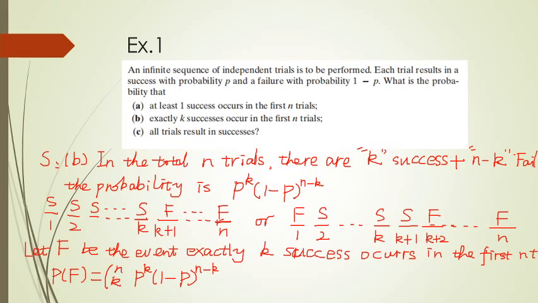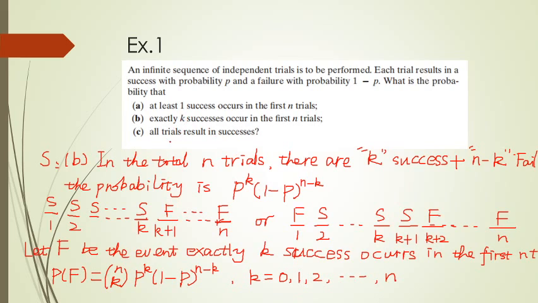N choose K. When you have N choose K combinations for the successes, the other N minus K are all failures, so the other part is just one selection, times 1. That is the probability of the event F, exactly K successes. And of course, K can be 0, 1, 2 until N.